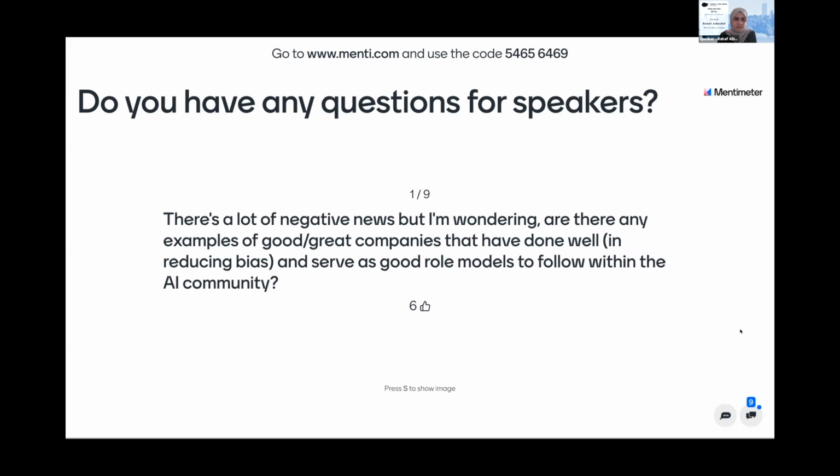And so we were swallowed by lots of those negative news. But there must be companies that are doing good and great examples in this. Do you know any? I totally agree with you that there is a lot of negative news, and sometimes that would bring us to depression of, is there even a way out of this?